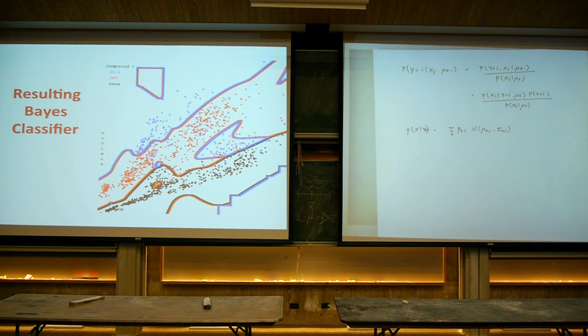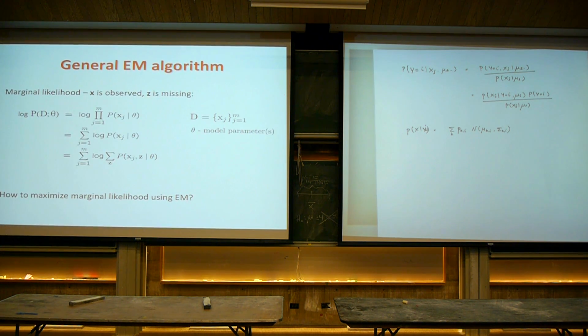So we'll try to look at it in much more generality right now. All right, so here is how we look at it. The generalized EM algorithm: you have some part X of the data that's observed, and Z is missing. In mixture models, the samples were observed and the labels were missing.